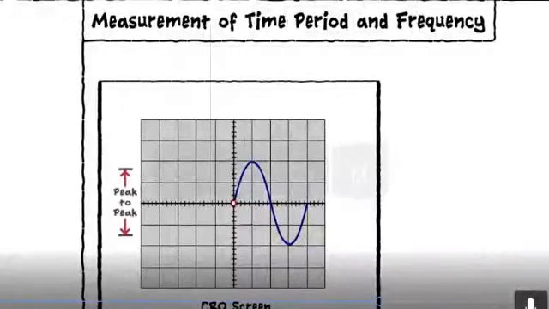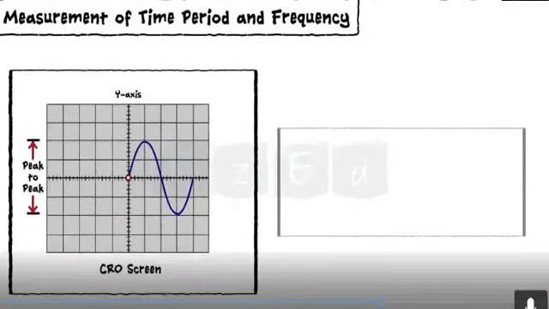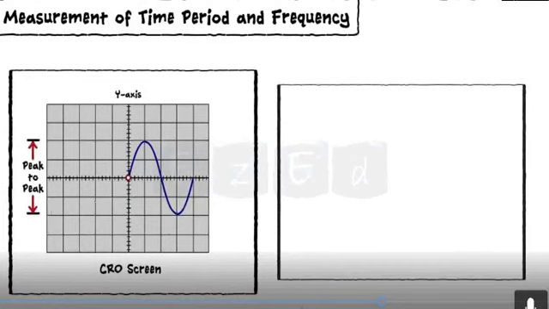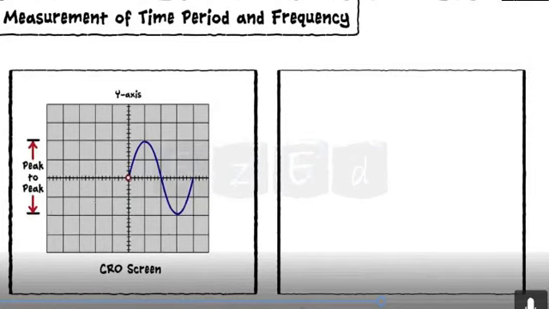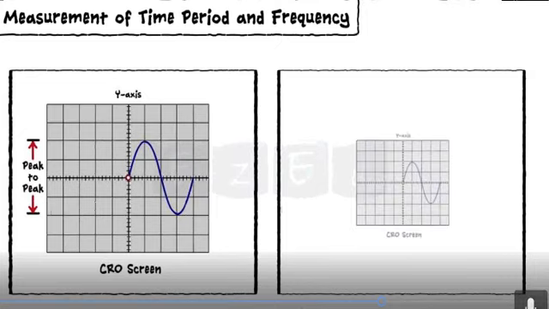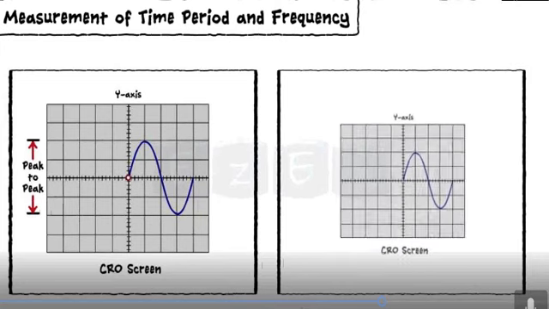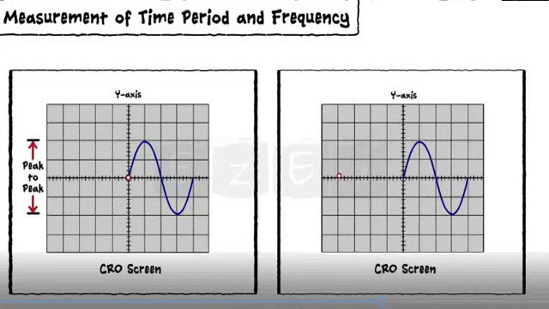We now measure the frequency and time period of a waveform. As the peak to peak voltage can be measured with the help of the y-axis, in a similar way we can measure time period and frequency on the x-axis, or in the horizontal direction, for a complete one cycle of an AC on the screen of a CRO.